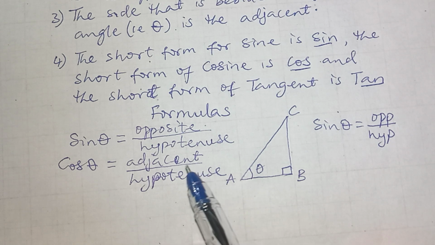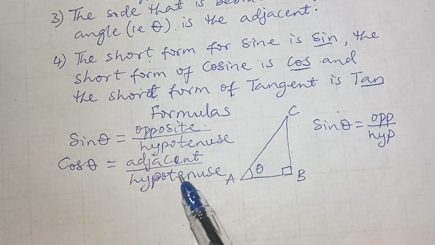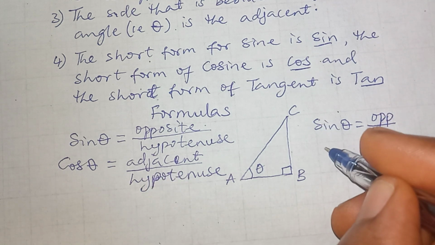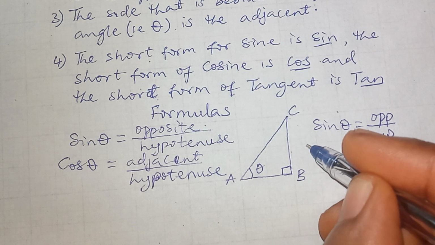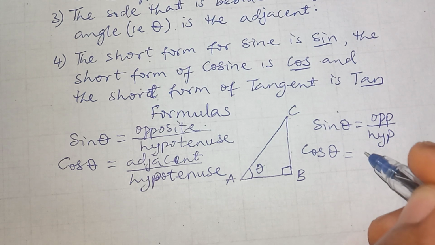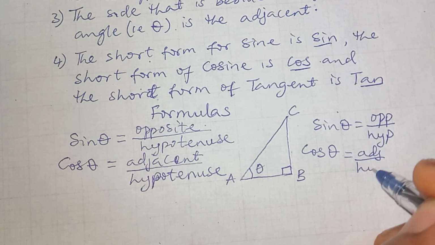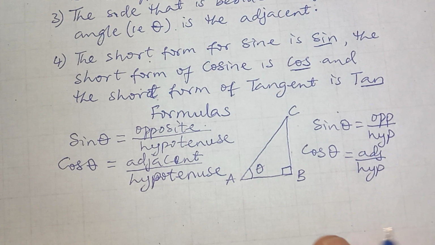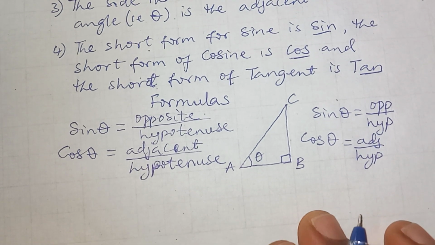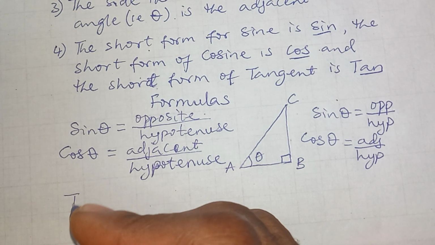So this is the formula for calculating cos theta. Cos theta is equal to adjacent over what? Hypotenuse. So the short form is cos theta is equal to adjacent all over hypotenuse.